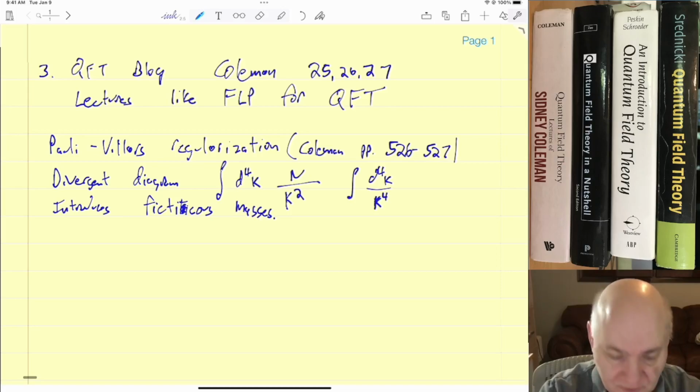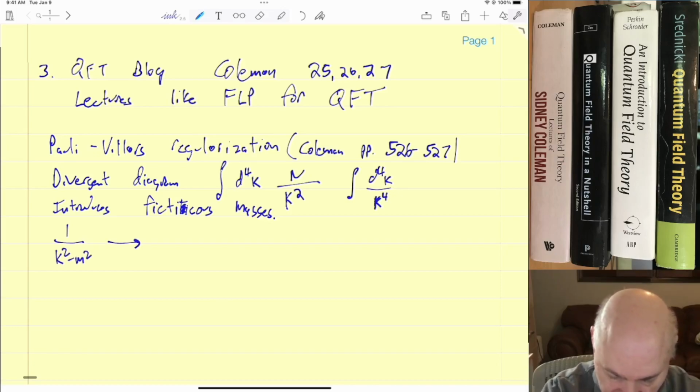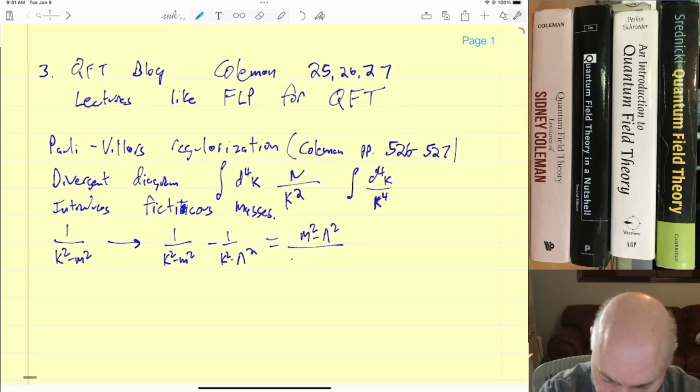So the way in which most of you have seen it is probably along the lines of something like 1 over k squared minus m squared. k is the usual momentum variable, and we substitute instead m squared with m squared minus lambda squared, where lambda has the dimensions of a mass and will eventually be going to infinity.